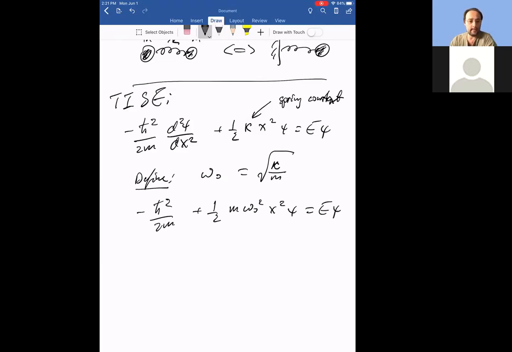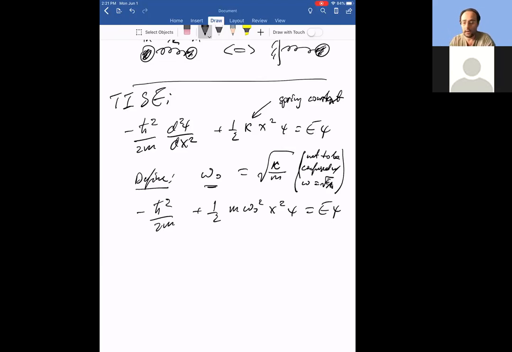And I'm using omega naught to avoid confusion with omega, which is equal to root E over h bar, as always. So that's why I'm using a different letter.